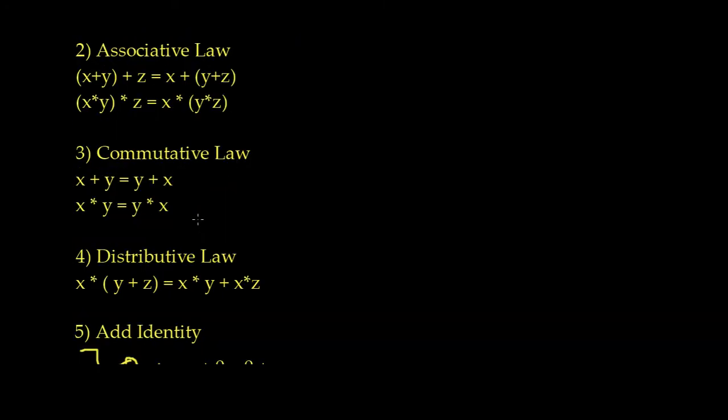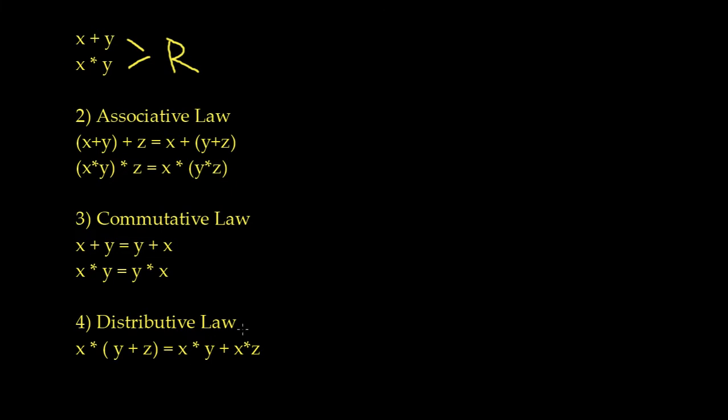The associative law, commutative law, and distributive law you should know from years gone, but if you don't know, we'll just breeze through quickly. Associative law and commutative law are basically the same in a sense. They're saying that it doesn't matter the order I do addition or multiplication in, at the end I will get the same answer.